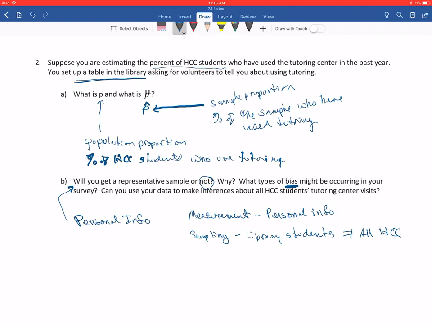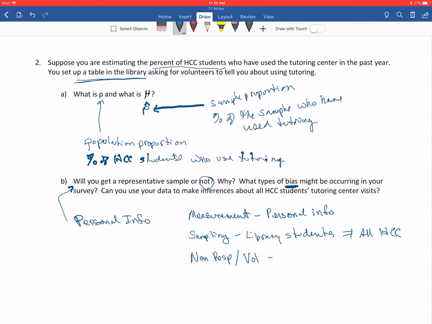Again, you're probably missing out on online students. You're missing out maybe on extension campus students. And we offer tutoring at the extension centers, but none of those students would have any chance of being asked here. I also bet you'll be getting some of that non-response and voluntary response bias because some students are going to choose not to answer.